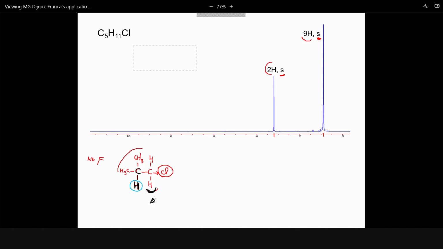So this group, the CH2, should be a doublet integrating for two hydrogens, right?